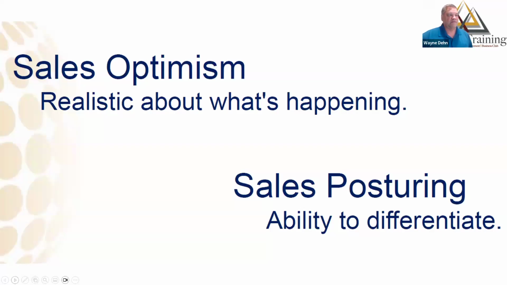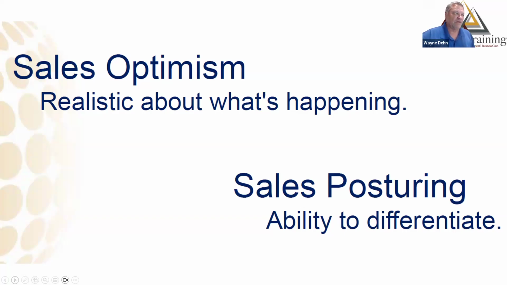So when we talk about sales, today's session is a little bit about some techniques to help you in the process. And when I do any type of training, it is either on: are we doing the right behaviors, are we doing the right techniques, and do we have the right attitude? Today is a little more on some of the techniques and questioning strategies. But sales optimism is being realistic about what's happening.